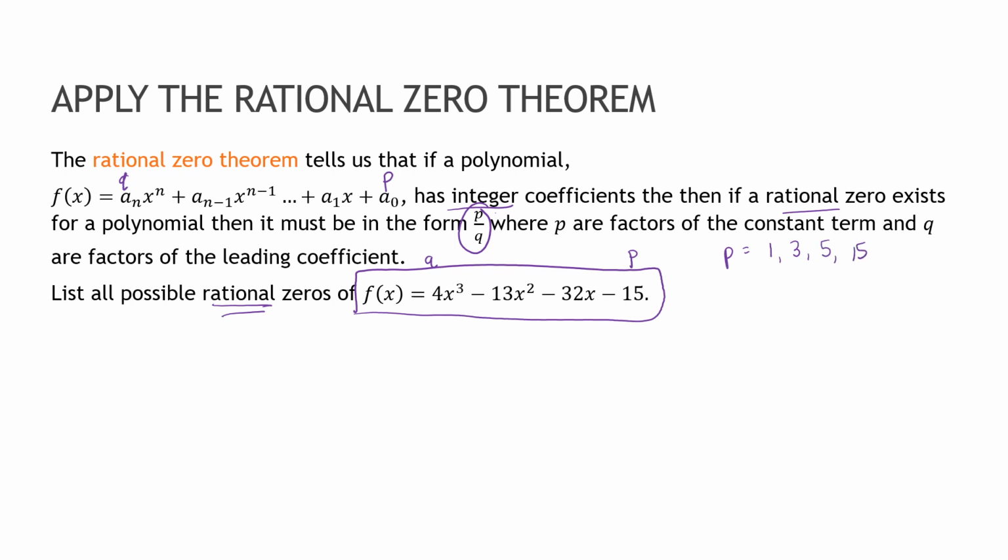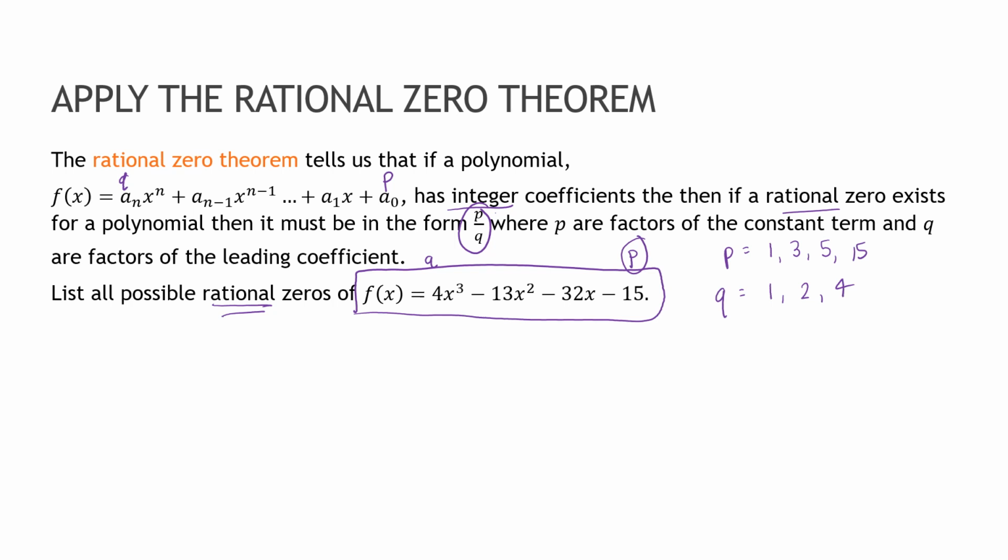So 1 times 15, 3 times 5, those are the only factors of 15, which is P. Then I'm going to look at Q, and Q is 4, which means 1 times 4 or 2 times 2. So 1, 2, and 4 are my factors.